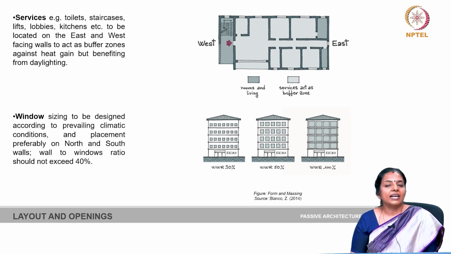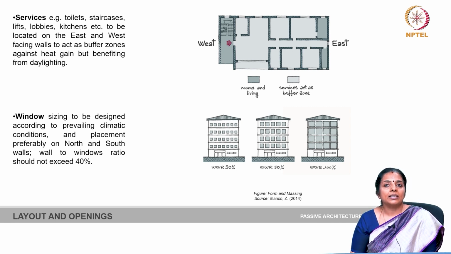These areas, often non-habitable spaces, can act as a thermal buffer, and it helps to insulate the more occupiable spaces from excessive heat. Additionally, this design strategy allows these service areas to benefit from daylighting, reducing the need for artificial lighting.